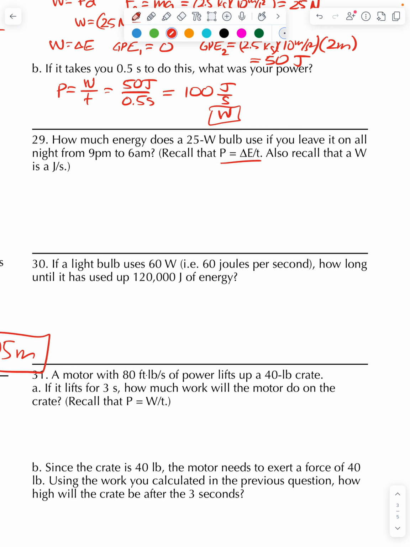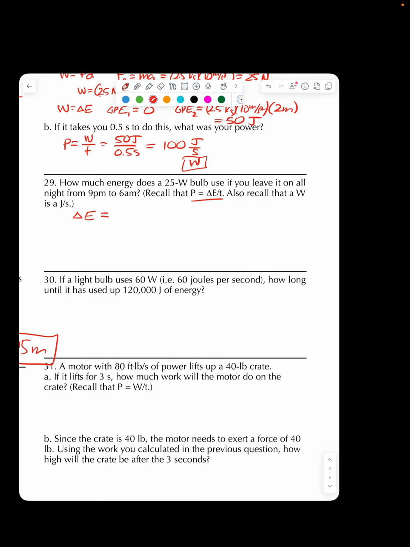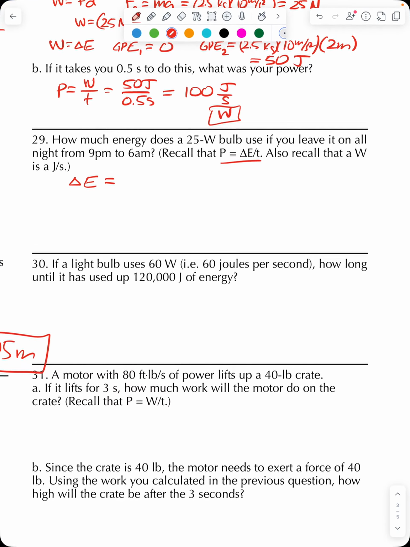So be flexible, be able to solve for different things. So we're looking for how much energy does it use? What's the energy consumption? The energy consumption, the change in energy, how much you're using, is the power times the time. So the power is 25 watts, which is the same thing as a joule per second.